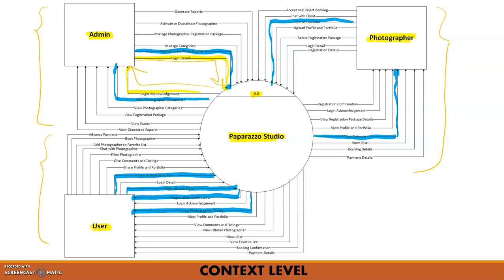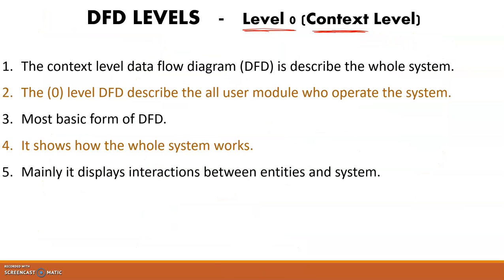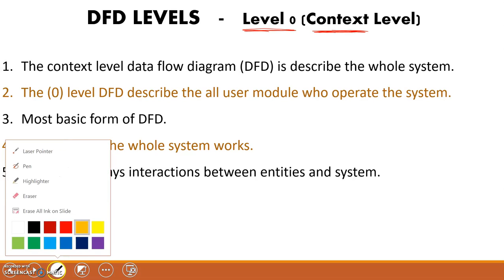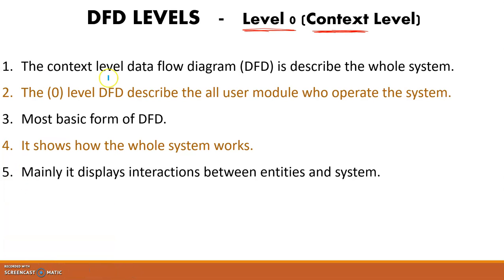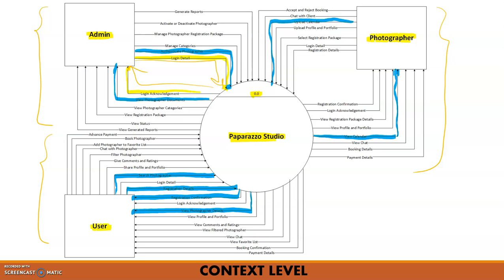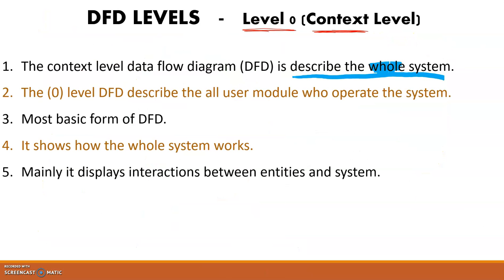So this is about the context level. Now let's see the points. What is the context level? A context level DFD describes the whole system, right? From the context level only you can come to know which entity can do what, or which process is associated with which entity.